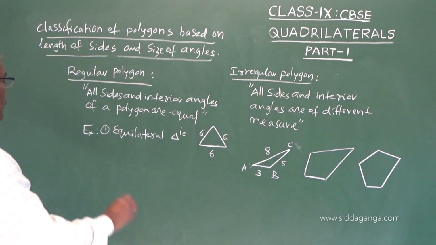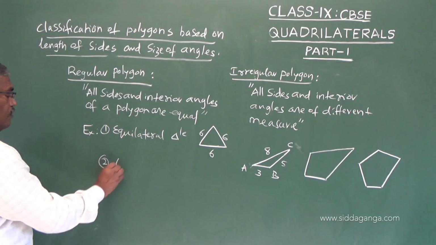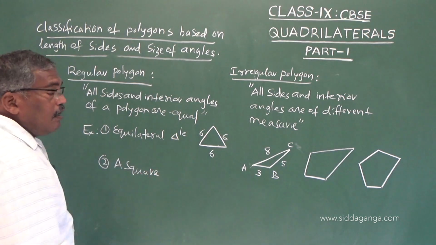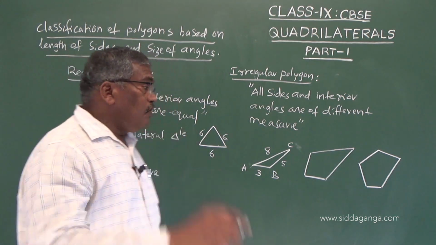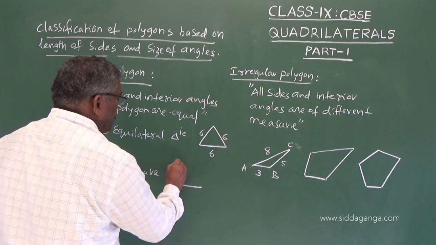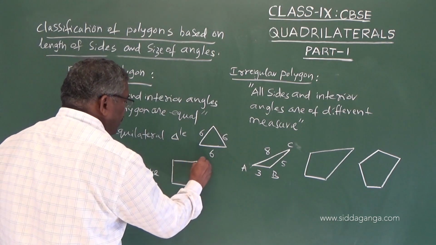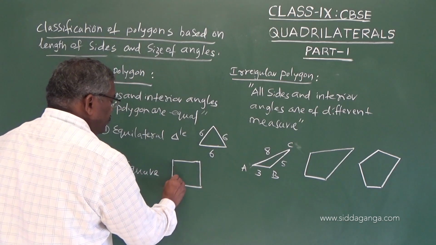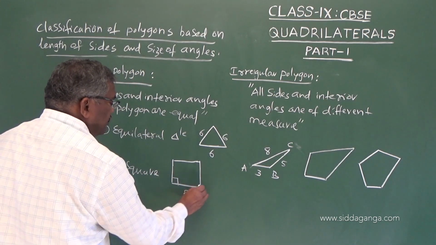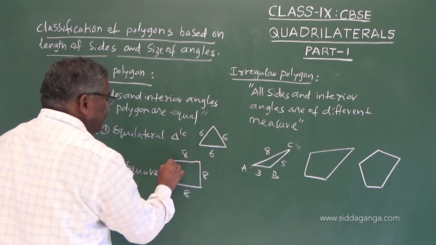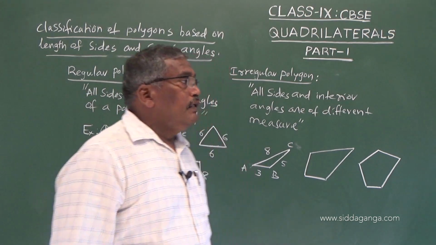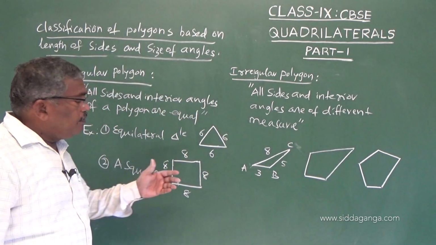Second example, give a square, where all sides and angles are equal. A square will have all angles 90 degree. Say 8, 8, 8, 8. Likewise, you can give regular figures.